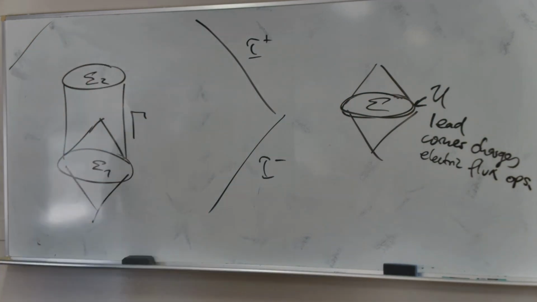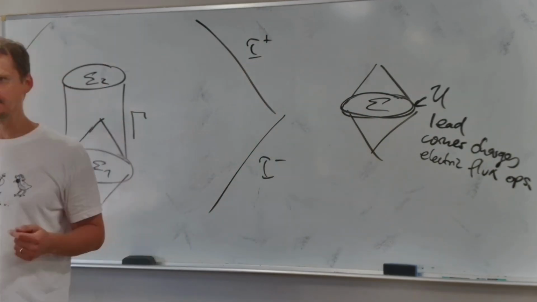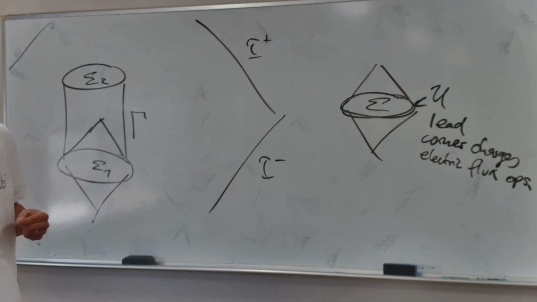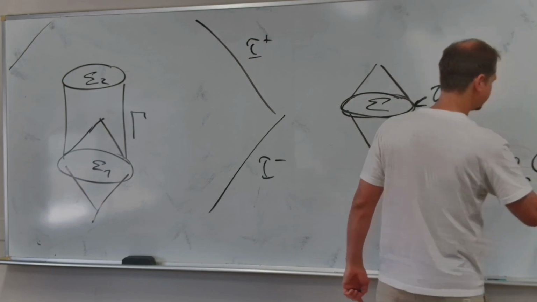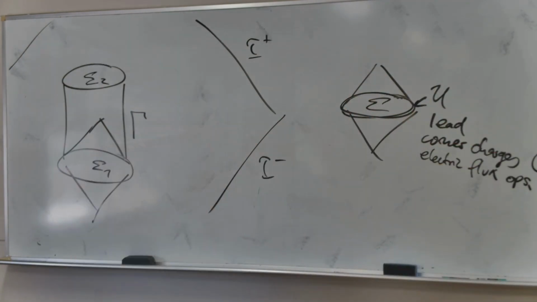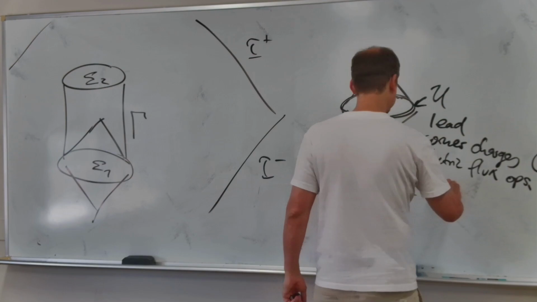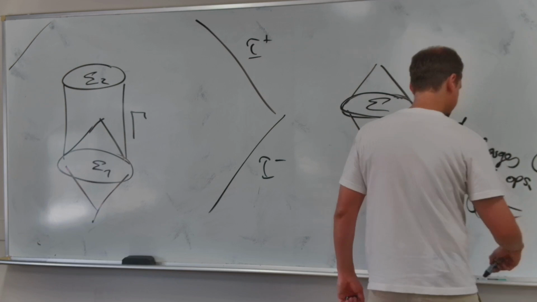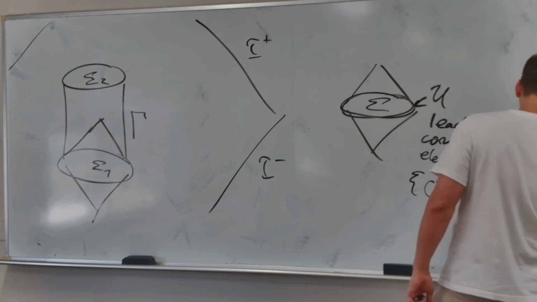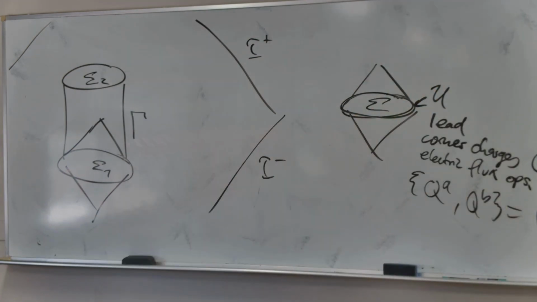And then they showed that they satisfy a nice algebra that corresponds to the Lie algebra of the structure group, but at each point on the corner. So that's Q_A of x, where A runs over the Lie algebra dimension of the structure group, and then you have Q_B, and it satisfies some f_ABC or so, of whatever your group is.